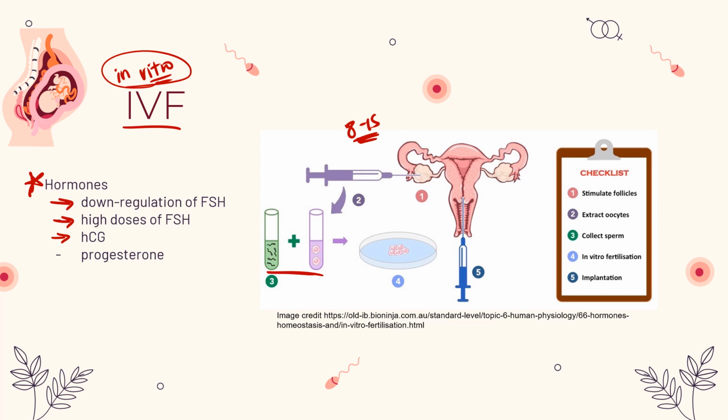The resulting embryos are allowed to develop, usually for about 48 hours, and then the healthy embryos can be implanted into the uterus along with some progesterone that is going to help to maintain that endometrium lining so that those embryos can be implanted.